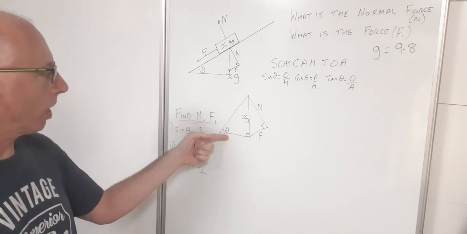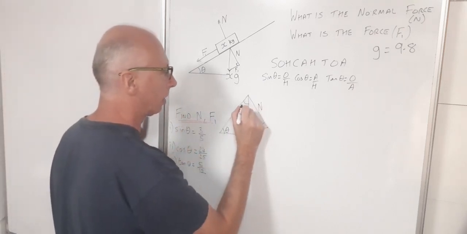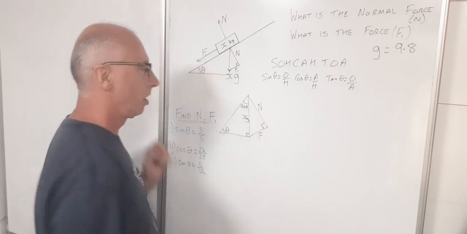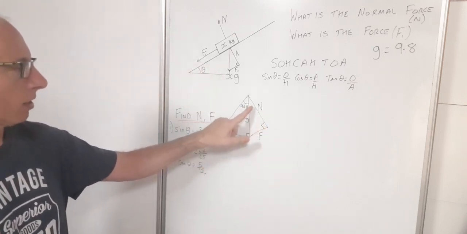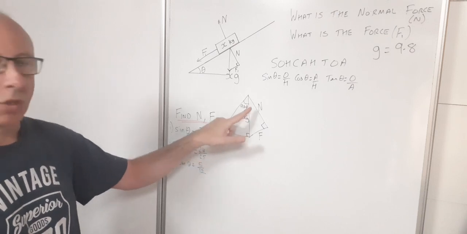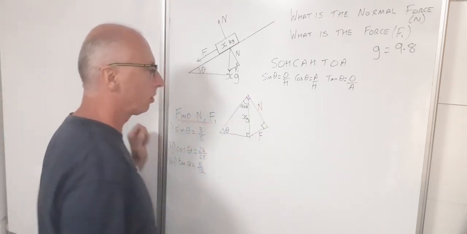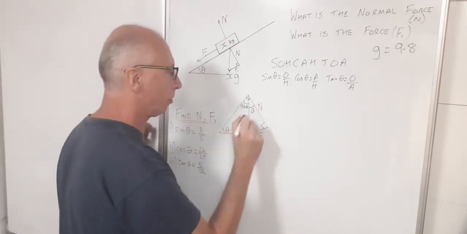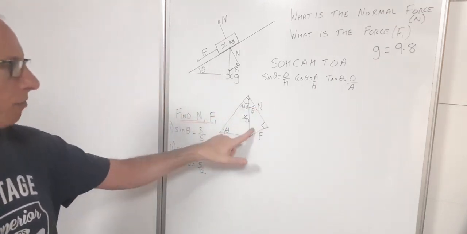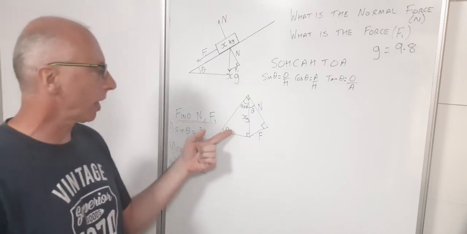With a right angle triangle, if this is theta, this angle is going to be 90 minus theta. If this angle is a right angle and this is a right angle, when I've drawn my picture, this angle here is also a right angle. So therefore this angle at the top here will also be theta. Then of course I could write this one in as 90 minus theta, but I don't need to at this stage because I just need to work out what theta is.